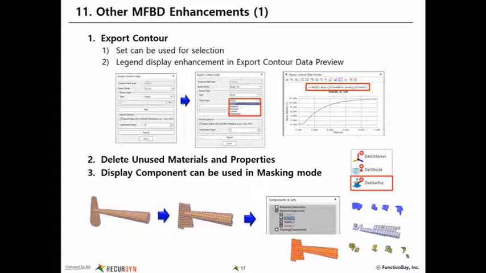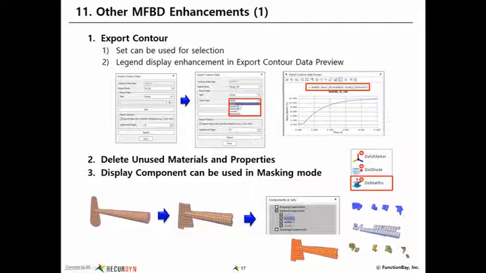Some other MFBD, multi-flexible body dynamics, enhancements. So, export contour. One of the things that can be quite useful is that we're given a little more information as you export this contour data.